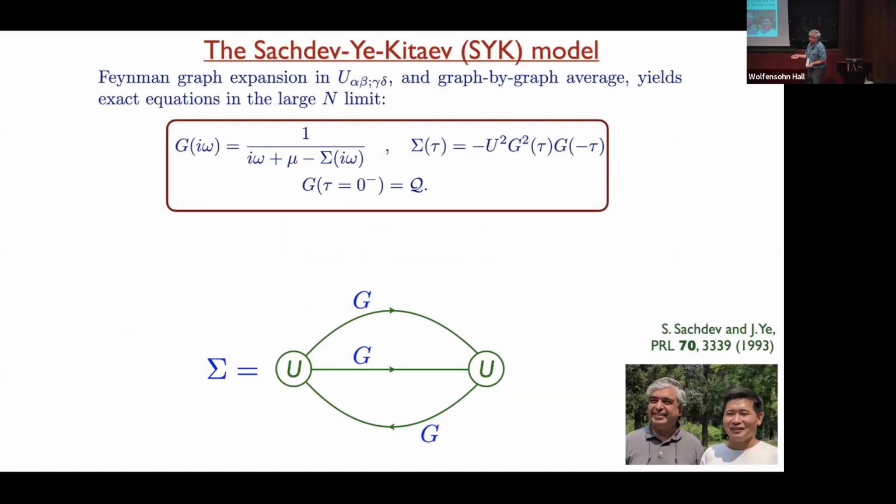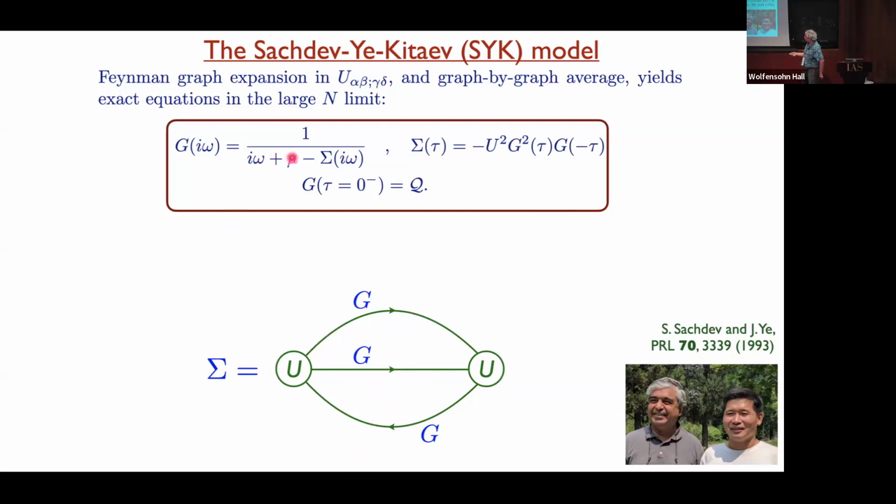All right. So the first thing you ask is, is there a solution which has a gap, meaning that there's a finite range of energies over which the imaginary part of G is 0? Well, if there's a gap in G, then from this equation we see that the gap in sigma is 3 times the gap of G, because you just cut this graph, you're creating 3 particles, so you need 3 times the energy to create that.